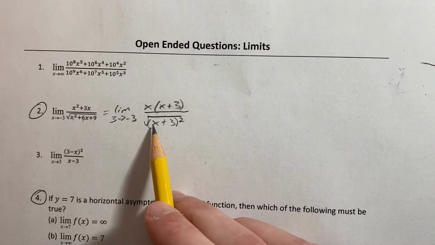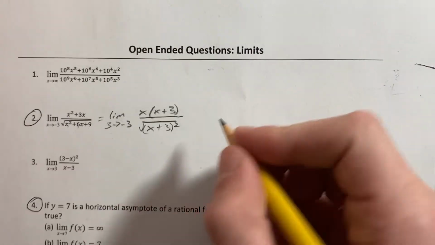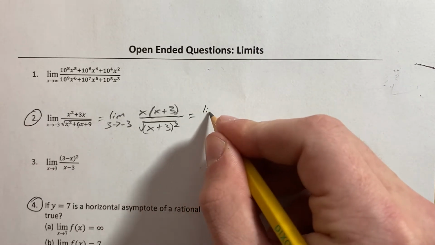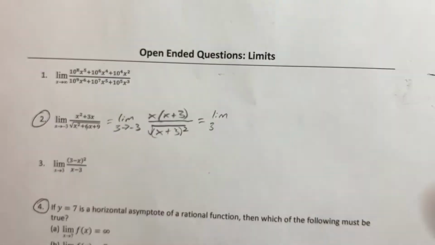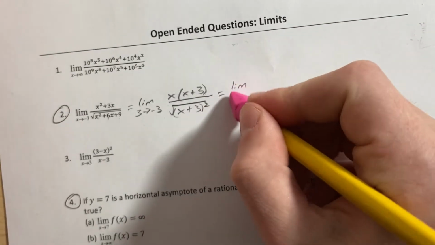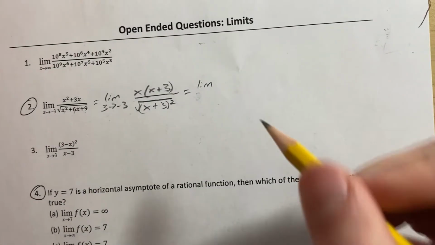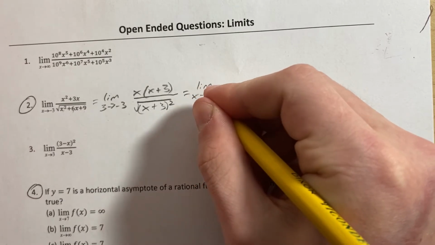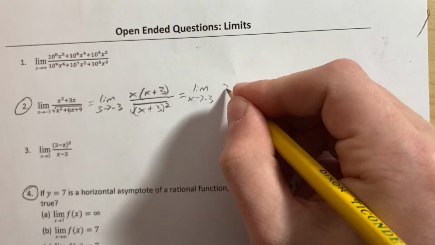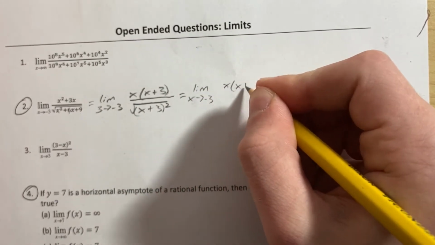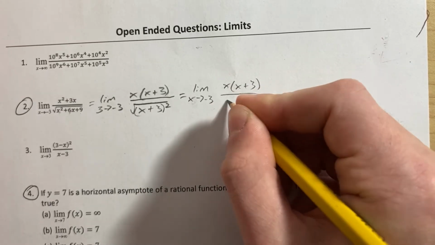From here, the common mistake would be to immediately jump to the limit as x approaches negative 3 of x plus 3 over x plus 3.